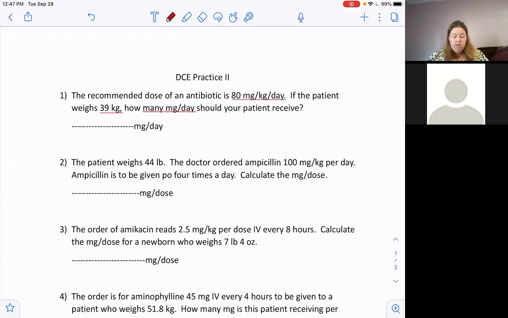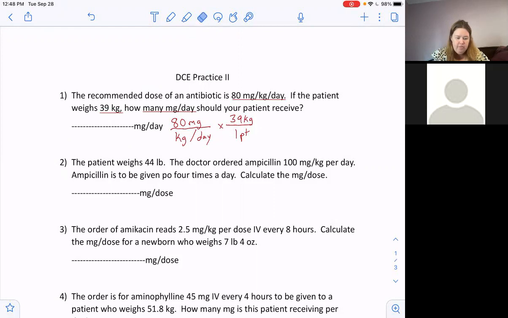All right. So first, I always start with the order. So the order is 80 milligrams. And then when you have kilograms per day, those are going to be on the bottom. So kilograms per day times, so kilograms on the bottom, and your kilograms are going to go on top over here. So 39 kilograms for one patient times, oh, I don't need that.